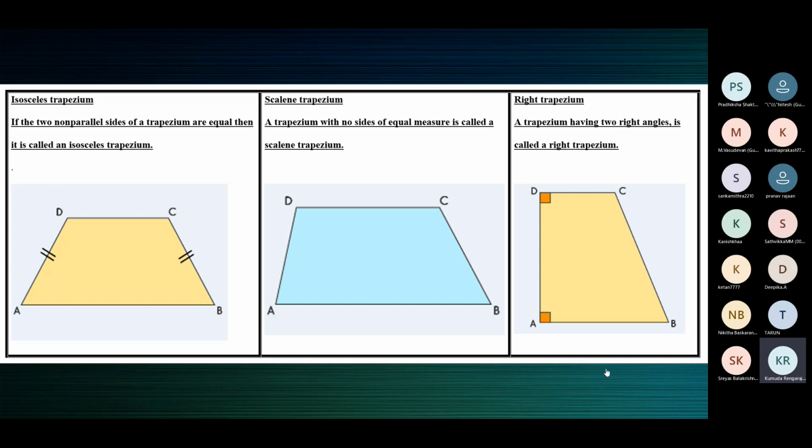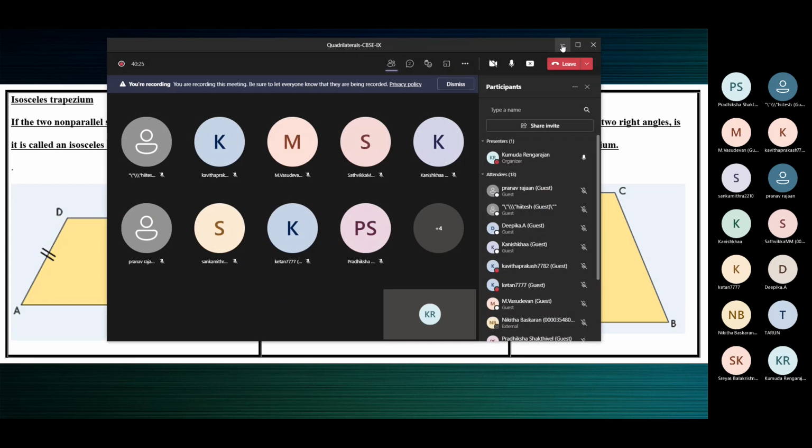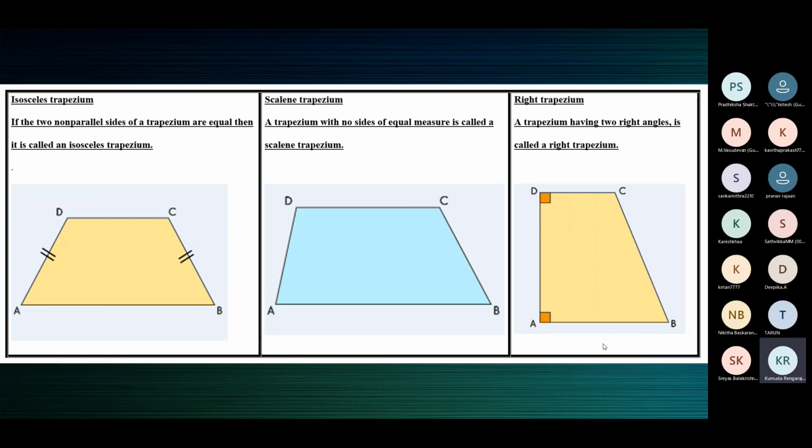Please go through the definitions. Done, children?